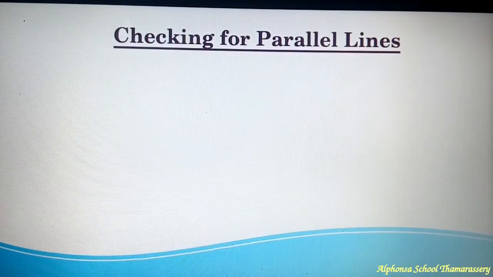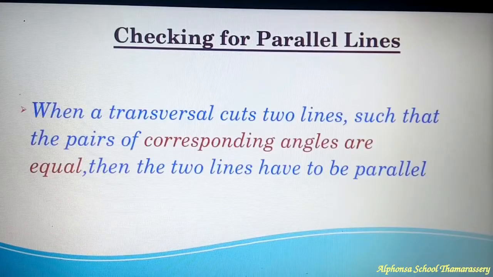Today we learned 3 conditions for checking for parallel lines. The first one, when a transversal cuts two lines such that the pair of corresponding angles are equal, then the two lines have to be parallel.